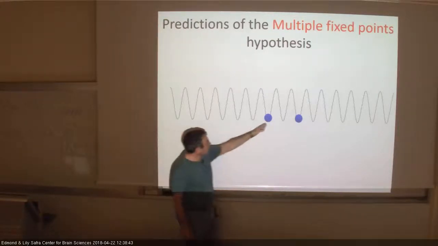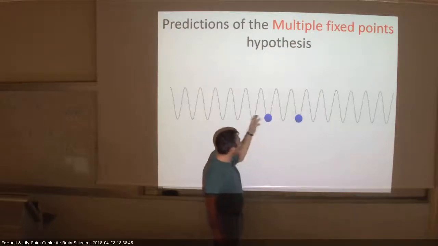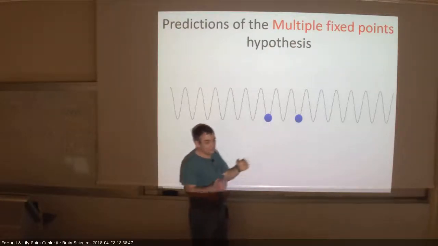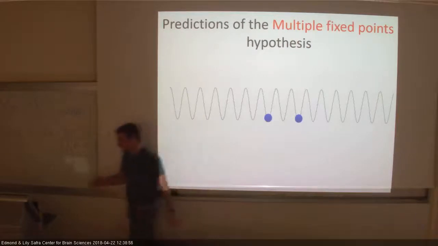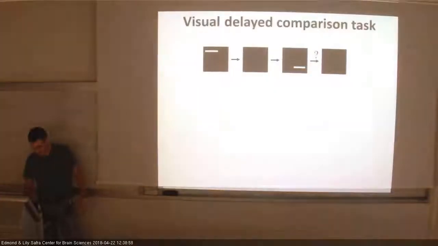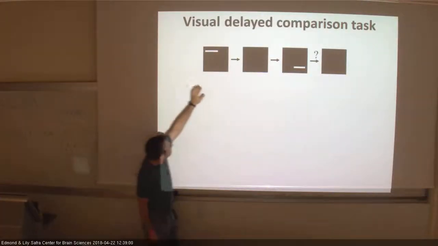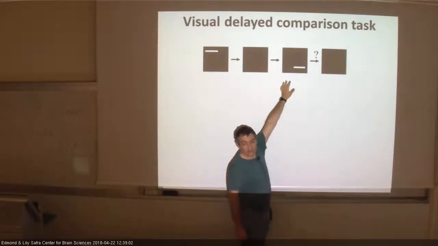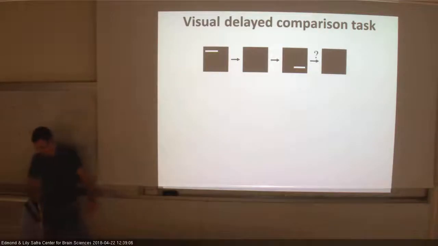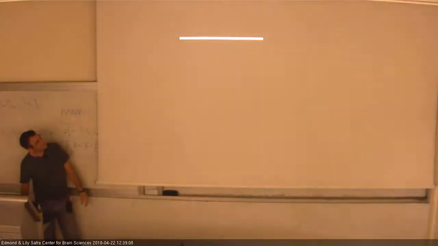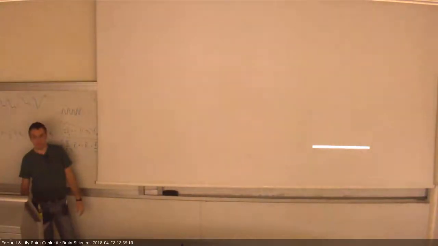And the way that I'm going to ask you this question is by presenting you with another bar, and you will have to compare your memory with the presented bar. So the experiment looks something like this. You're presented with a bar, it disappears. Presented with another one, you have to say which one is longer. Let's do it. Which one was longer? Good.